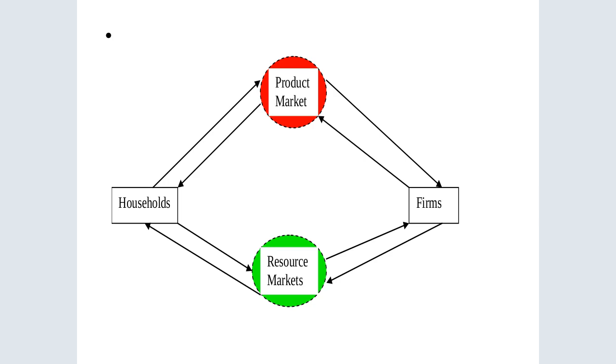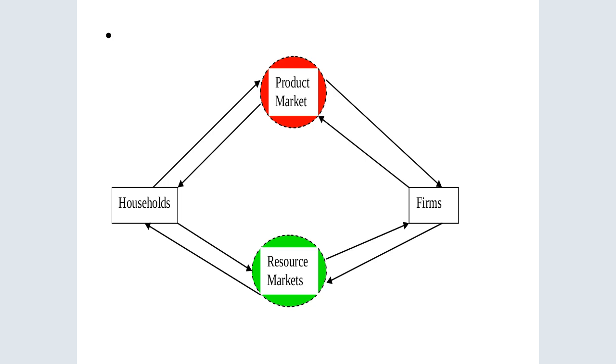But the firms and the households also interact through the resources market, or the factor market. Firms sell their goods and services in the product market, and the households buy goods and services in the product market.